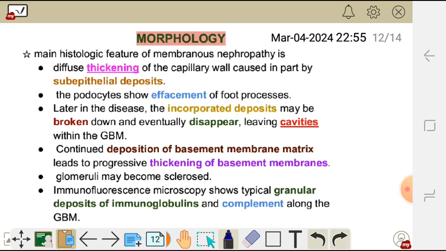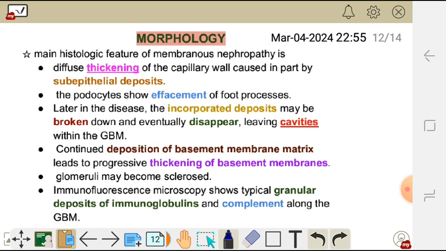They are going to be incorporated, and they are going to be covered. Once they are covered, then they can be broken down and eventually disappear. So once they disappear, they are going to leave cavities within the GBM, within the glomerular basement membrane. Okay, so we have cavities formed in the GBM. That is also a morphologic feature.